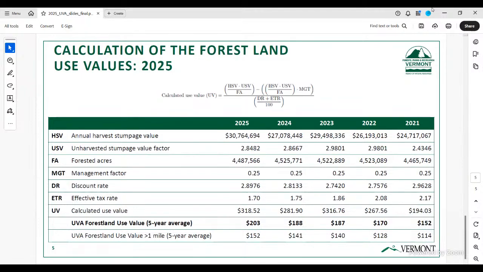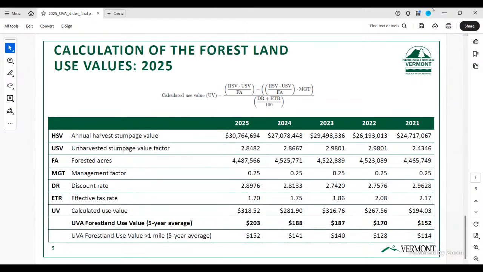That gives you your net operating income per acre for forest land. We divide that by the capitalization rate, and that turns into the calculated use value, which for 2025 is $318.52.